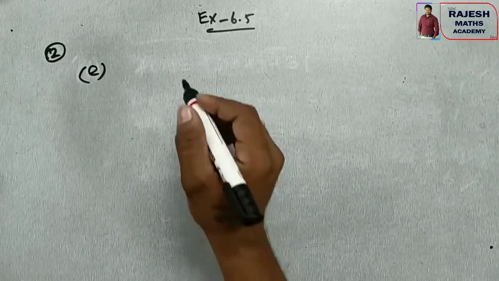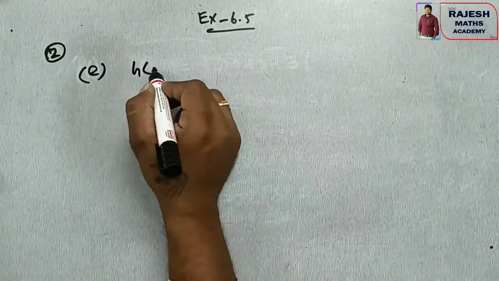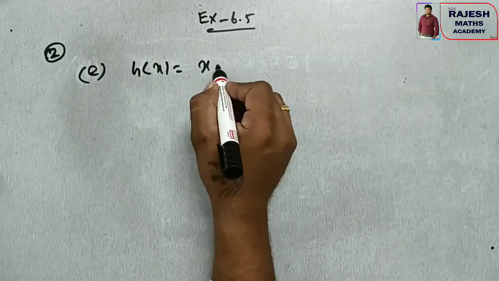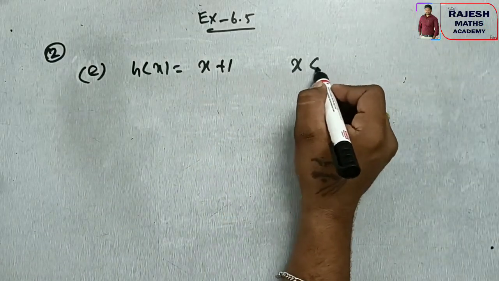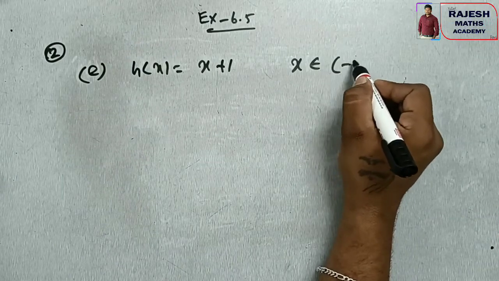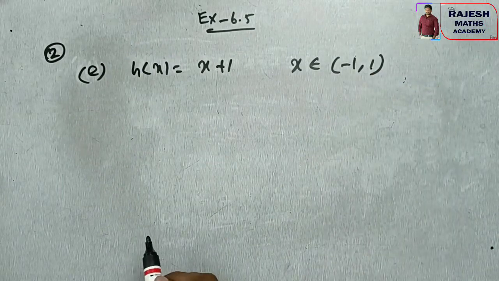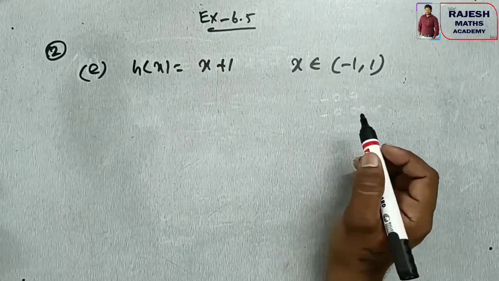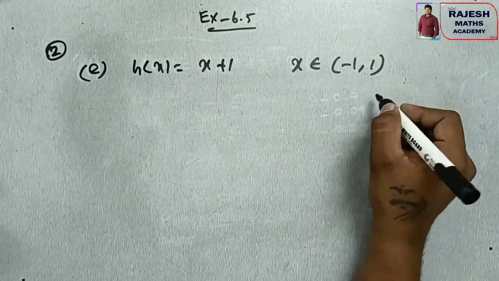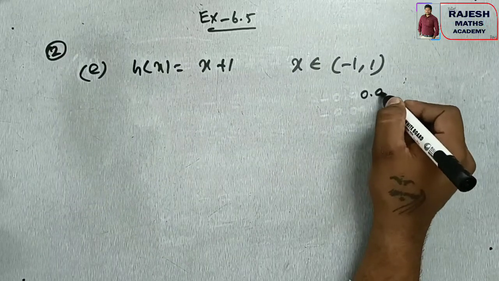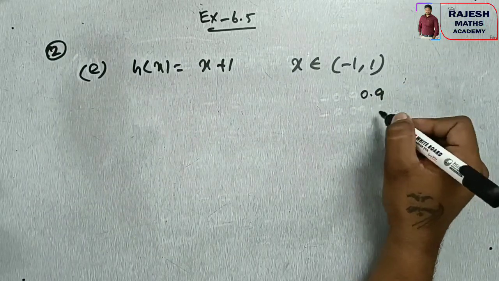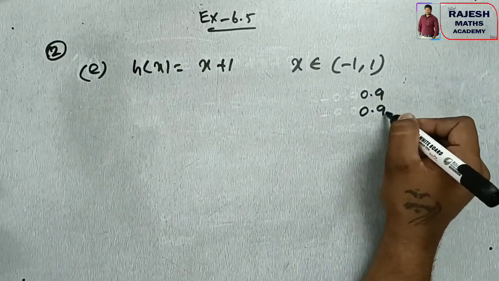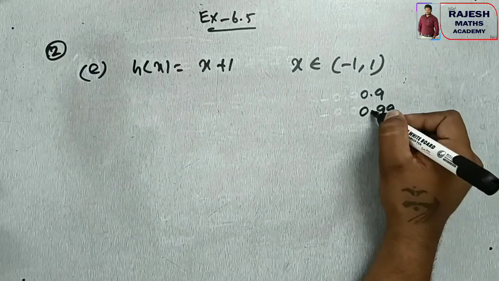Next question. h of x equals x plus 1. Here the restriction on x is the open interval minus 1 to plus 1. If I try to find the value nearest to 1, for example 0.9, then I can find 0.99 that is nearer to 1.